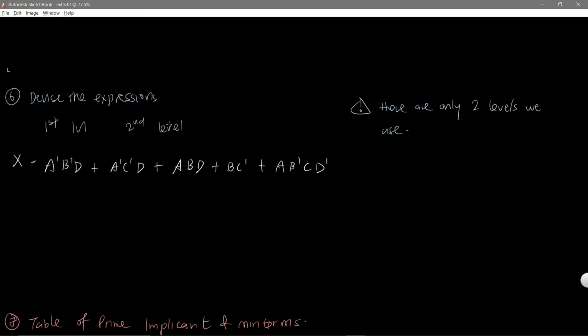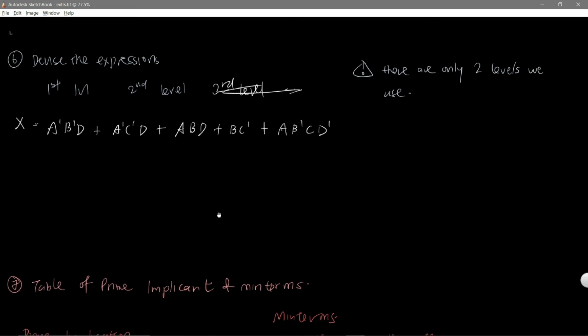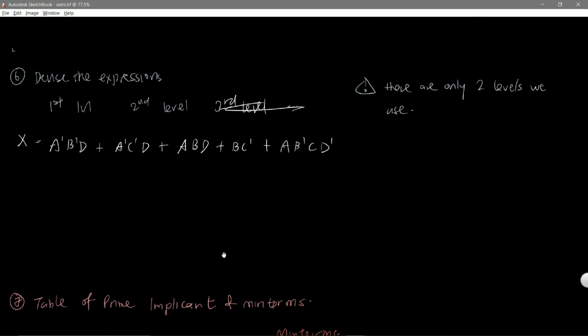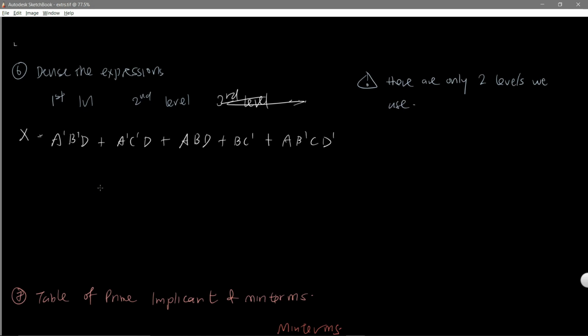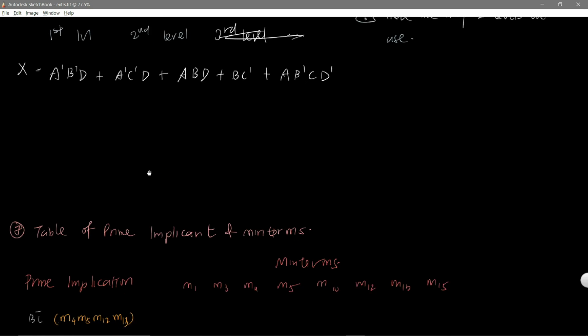And no matter how many variables there may be, there's only 2 levels we use. There's no 3rd level or something like that and on. No, we only use 2 levels. So this might still contain some unnecessary terms, where the existence of the term doesn't affect the end result at all.